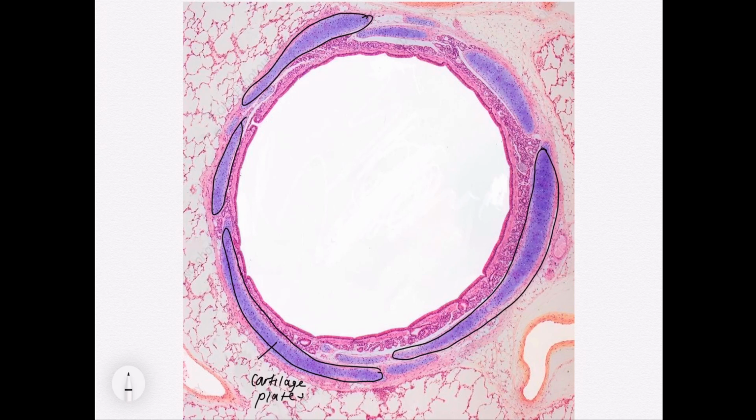Other than that, all the other tissues are the same, whereby the inner lining will be the ciliated epithelium. The layer below, where you can see many small circles, will be the mucus gland, and the external layer will be the connective tissue.